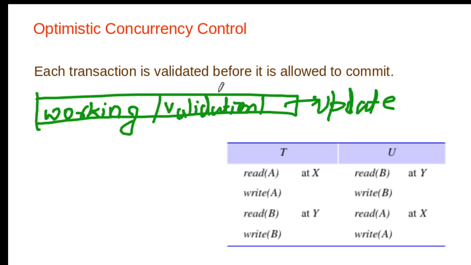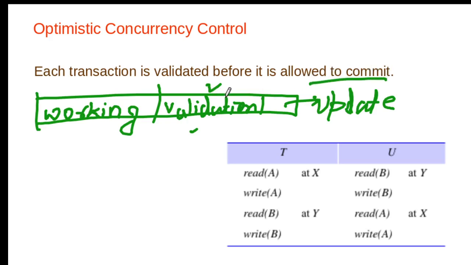Then there comes the validation phase. This phase will be executed when the client issues a close transaction request. When the close transaction request comes, it will start validating, and then it will allow commit, right?